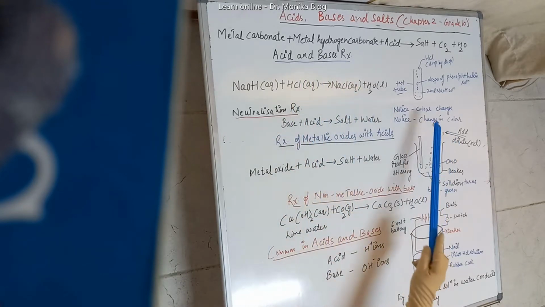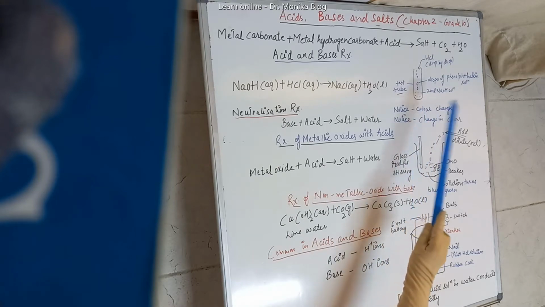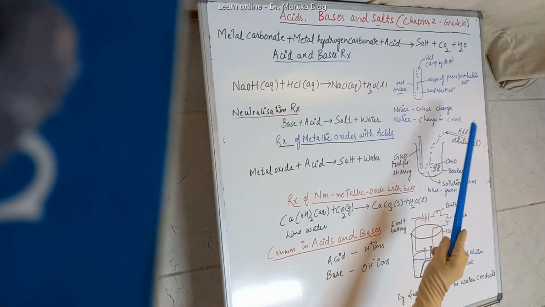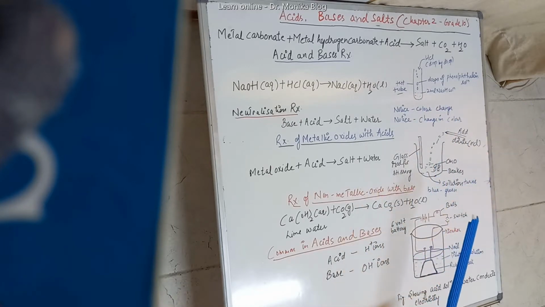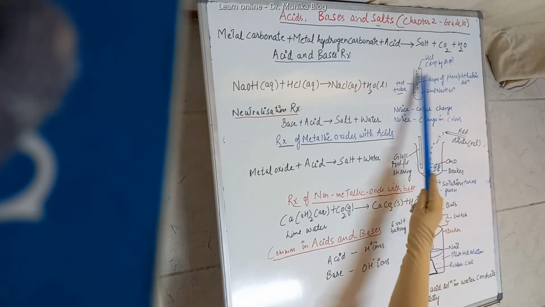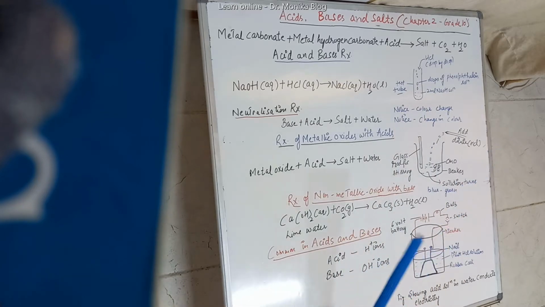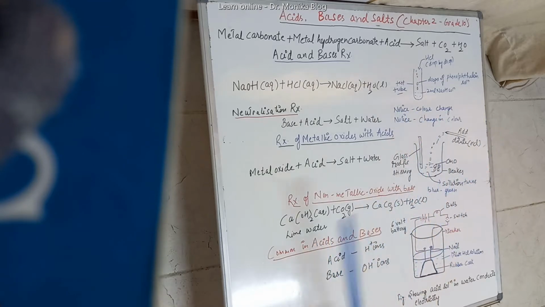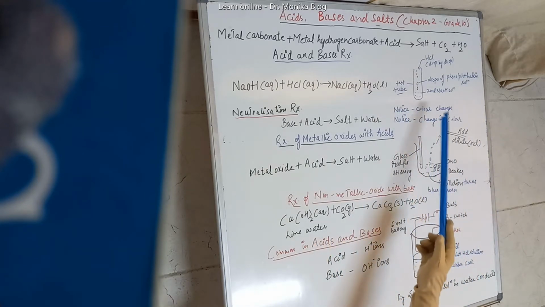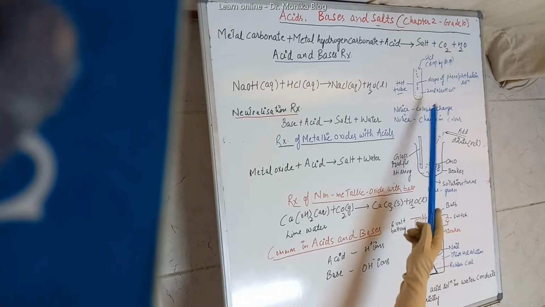First of all, we will take a test tube and put, suppose, 2 ml of NaOH solution into the test tube. After that, we will add drops of phenolphthalein indicator. Then we will notice the color change. After the addition of phenolphthalein solution to NaOH solution, the solution turns pink.